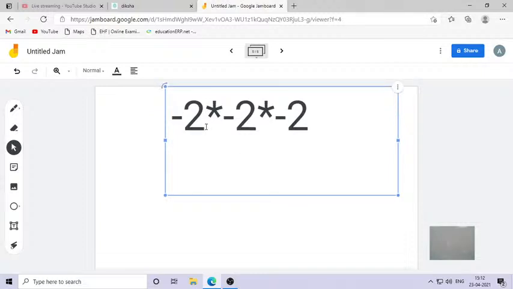The first step is negative into negative. Sakshi's answer, yes, plus 4.